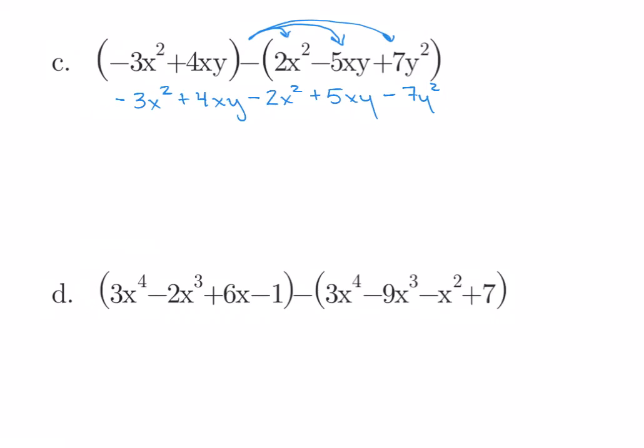All right, so now we can combine our like terms. I can combine my x squareds, negative 3 and negative 2 combined to give me negative 5x squared. Four xy and 5xy combined to give me positive 9xy.